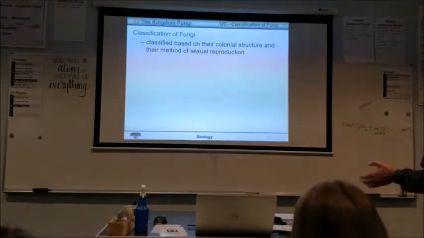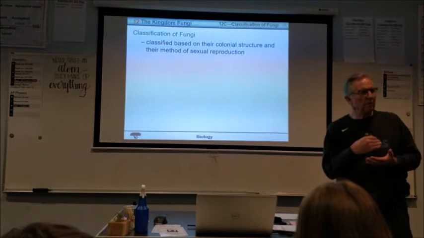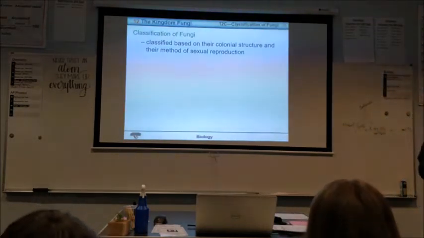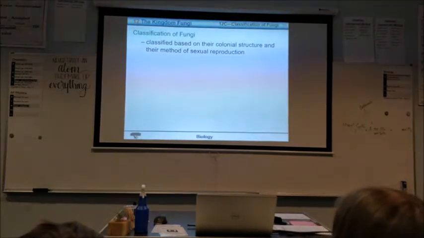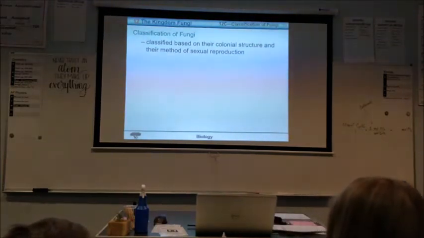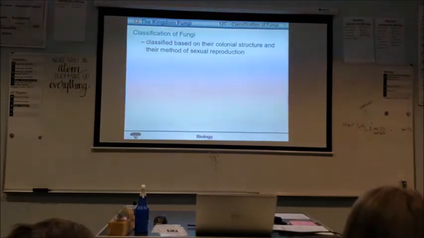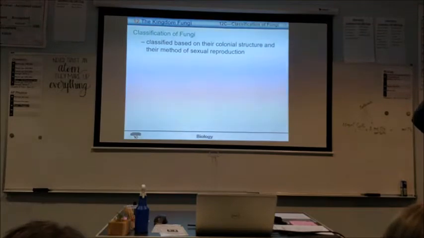Okay, so as far as fungi, when it comes to classifying them, and it'll become more apparent as we go through the different classifications, they're based on their colonial structure. In other words, how are the cells arranged? What do they look like?